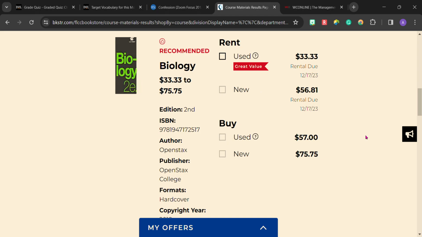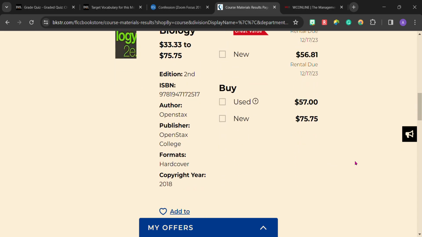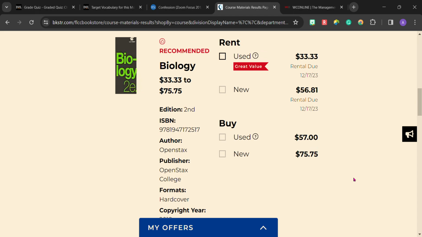So something to consider when you see a book listed on the FLCC bookstore is that it will not let you know that this is available for free online. You may want to search the internet and see if the book is available without payment somewhere.